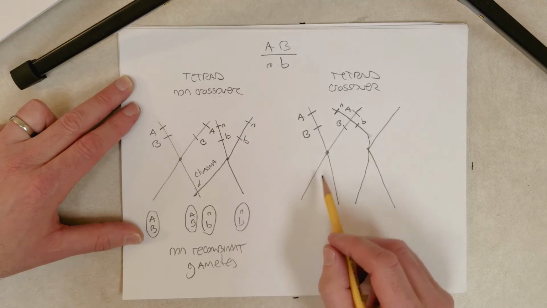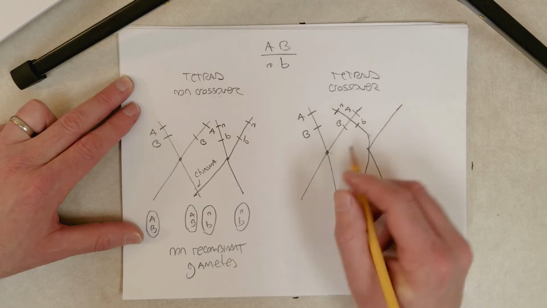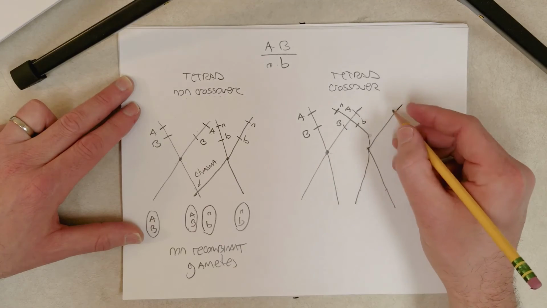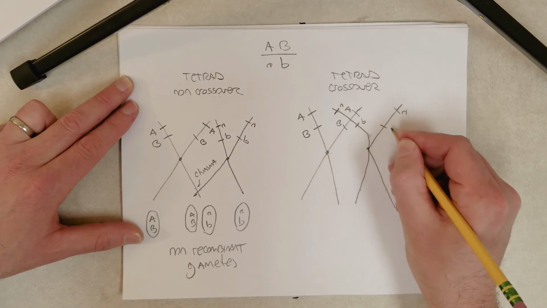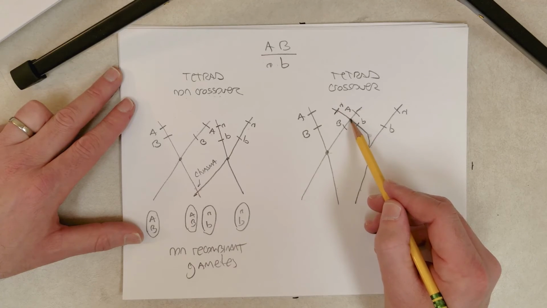And here's the tetrad, the two chromosomes here. Remember, these are the sister chromatids right here. So two pairs of sister chromatids. Now, okay, we see the crossover here.